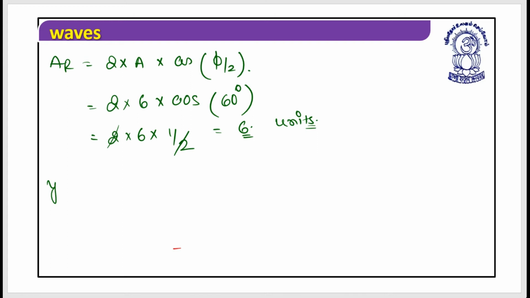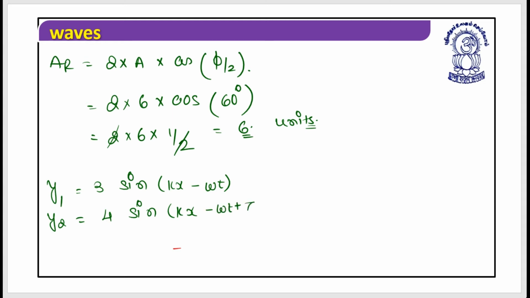Yes, let's say my y1 is 3 sin(kx − ωt), and the second wave is 4 sin(kx − ωt + 2π/3), and this was not 3 and 4, this was 6 and 6, my mistake.